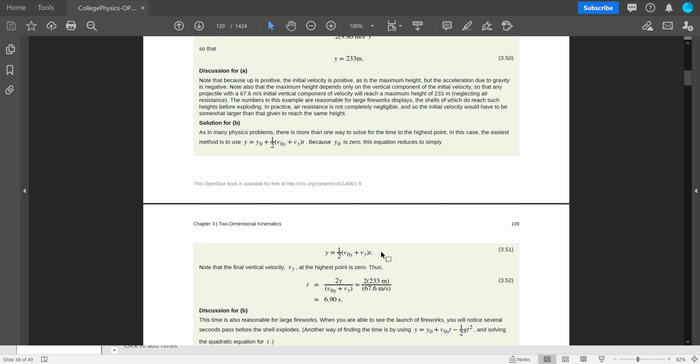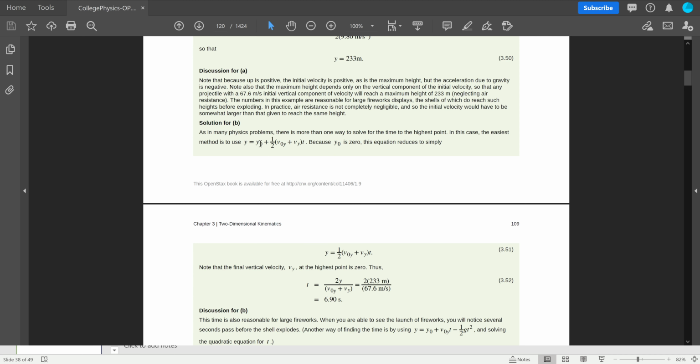Okay. So for B, now we're going to solve for our time. So here, we can use our equation for our y component still, because we just found our y component velocity, and we know our y component height, so we have the most information there.